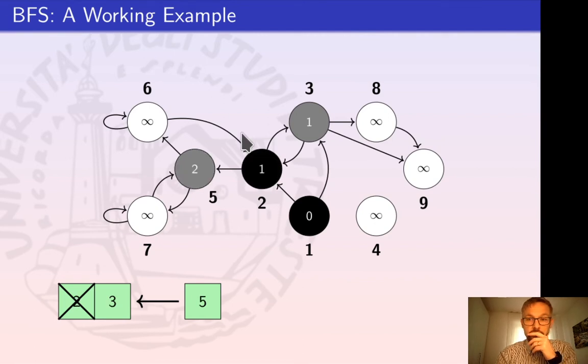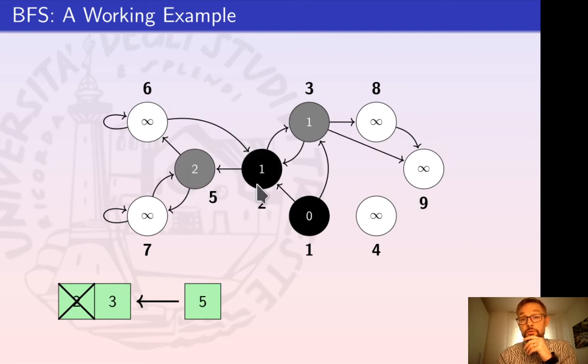Now let's move on. Now the queue tells me that I need to deal with number 2, and so I move from 2 to 5 because it's the only unvisited neighbor of 2, and so 5 becomes gray.